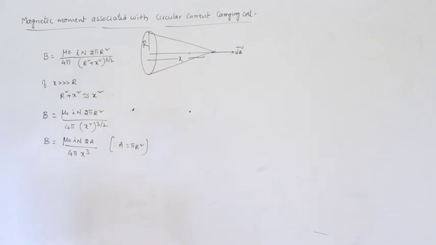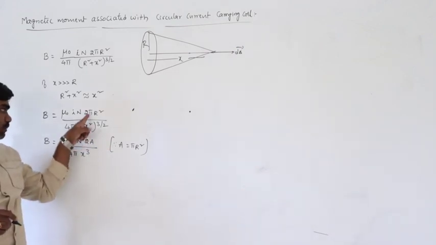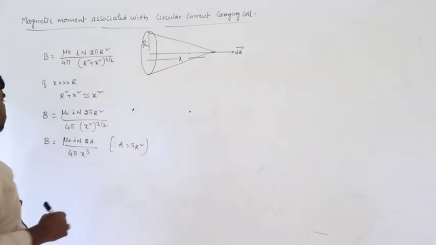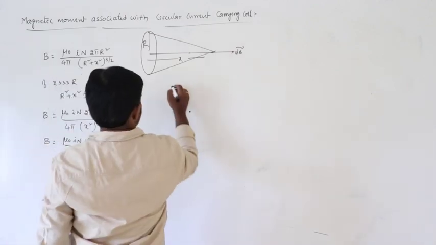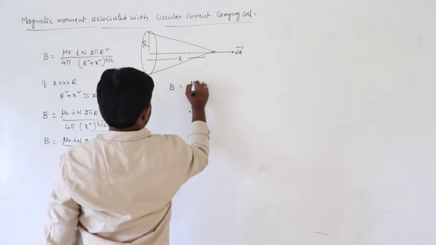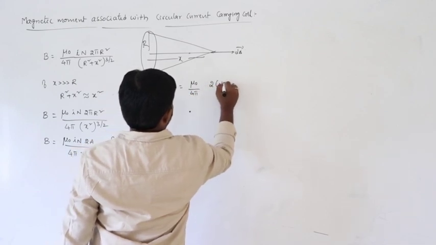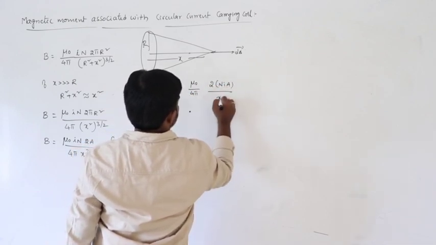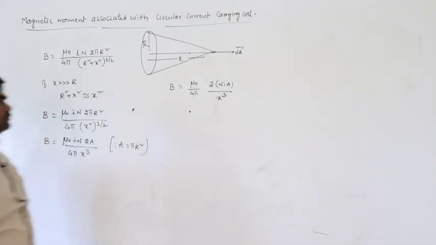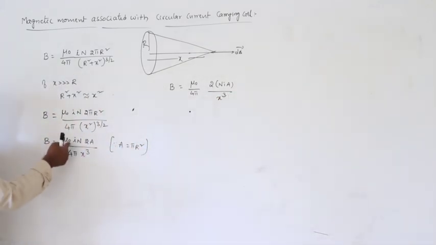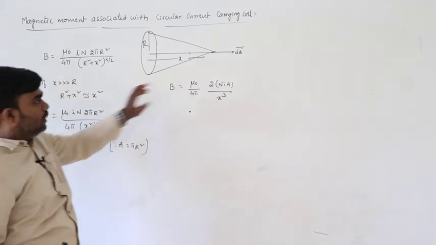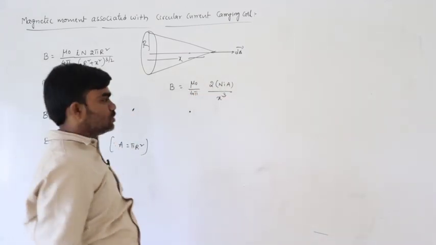For our convenience, pi r square is considered as the area A. So B is equal to mu naught by 4 pi, 2 into N I A divided by x cube.